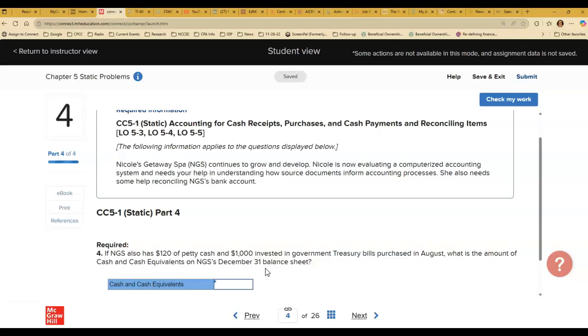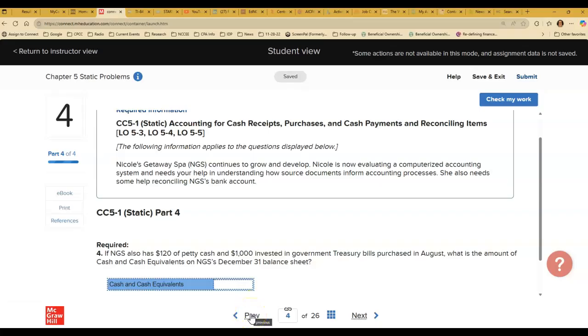You with me? Okay. So when we're looking at this and it says what is the amount of cash and cash equivalents on the Getaway Spa December 31 balance sheet, do we include the $1,000? No. Do we include the 120? Yes. If we put 120 in that box right there, is that going to give us the right answer?